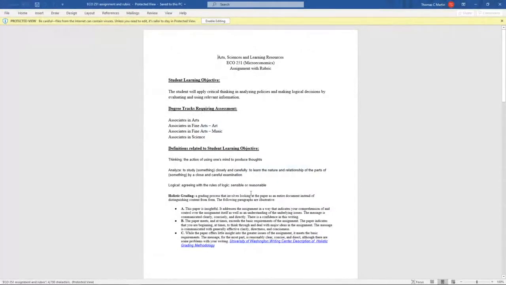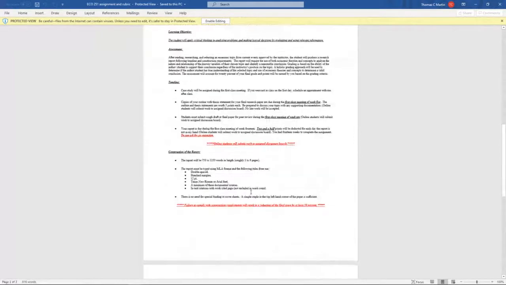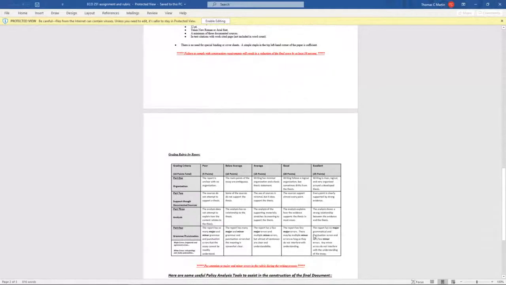It goes through the step-by-step process of the assignment, the construction of the report. Here's the rubric that explains different levels of grading. According to this, the lowest grade I can give is a 20 if you submit it on time. But I do want it submitted prior to Friday. That way I have time to look at it.